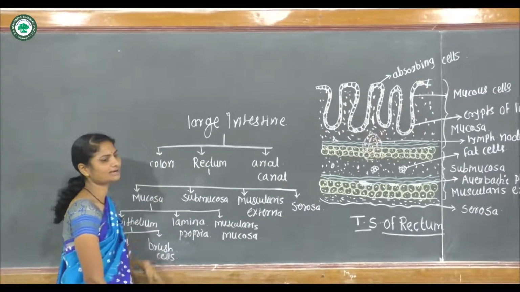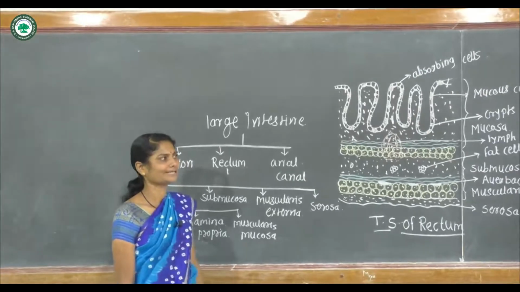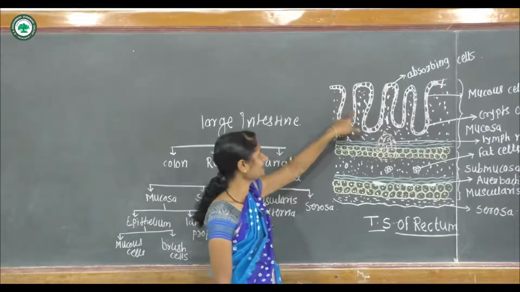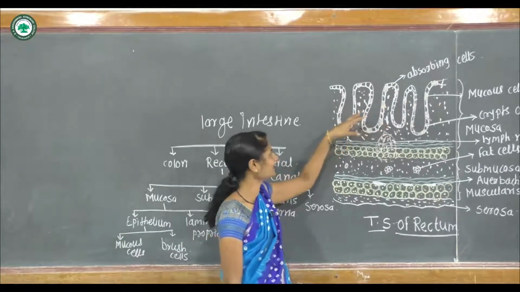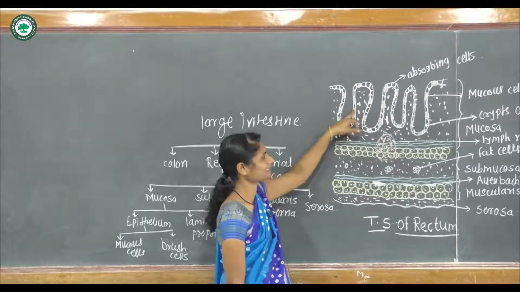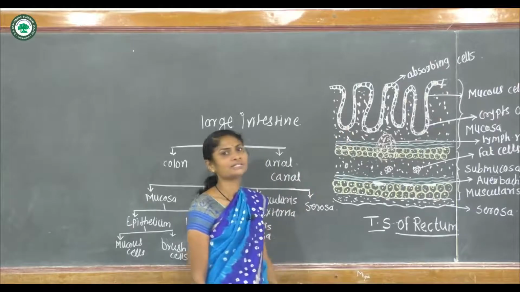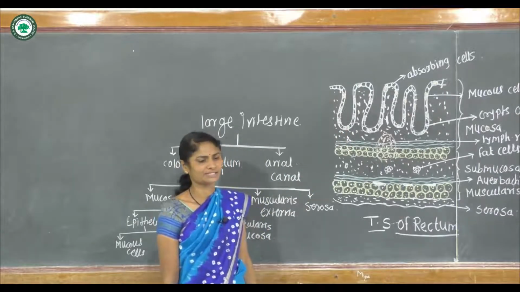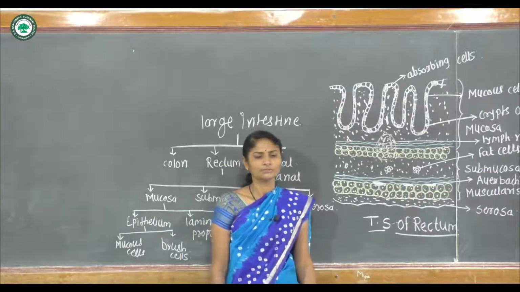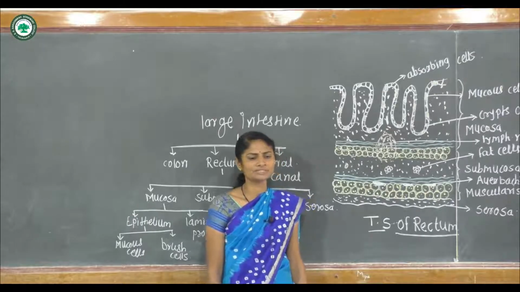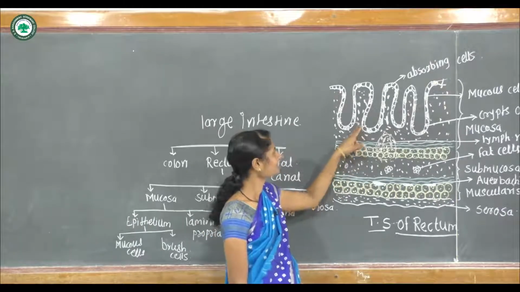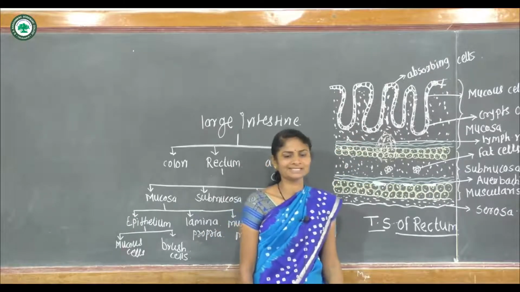The mucosa layer is formed by single columnar epithelial cells. We can observe in this diagram these epithelial cells are single columnar ciliated epithelium which is folded, forming straight glands in the epithelial cells.